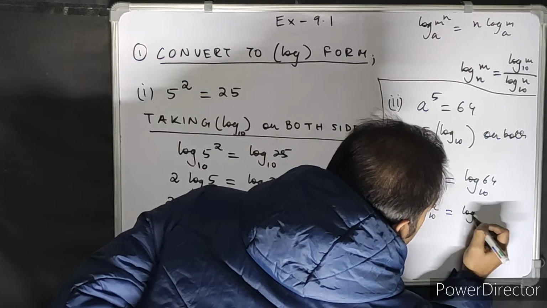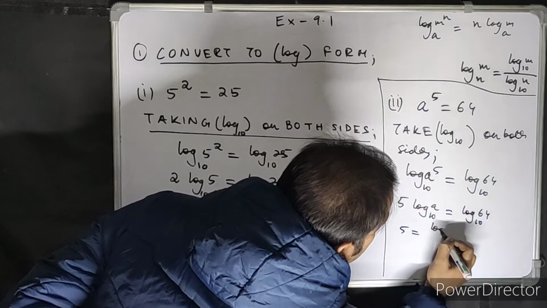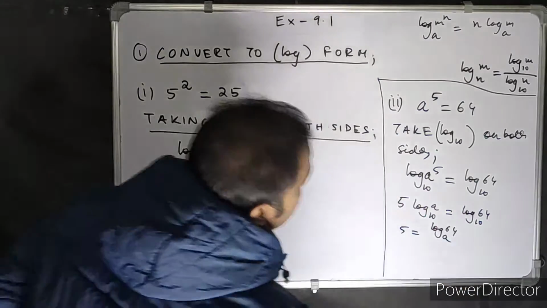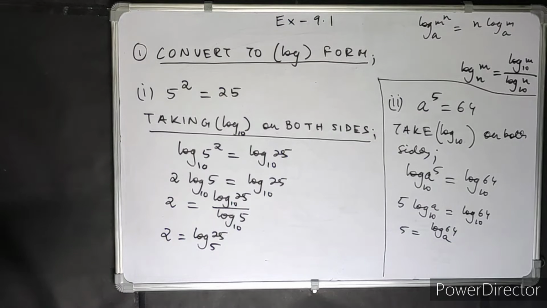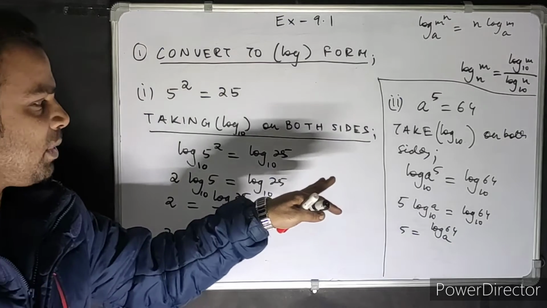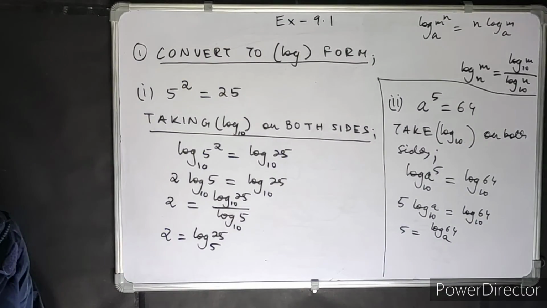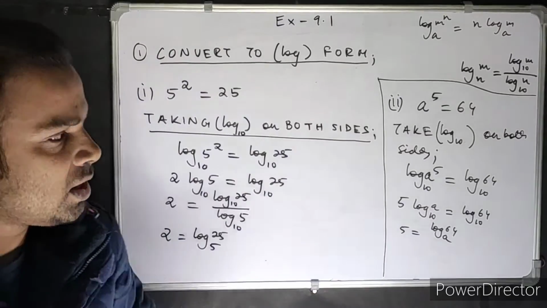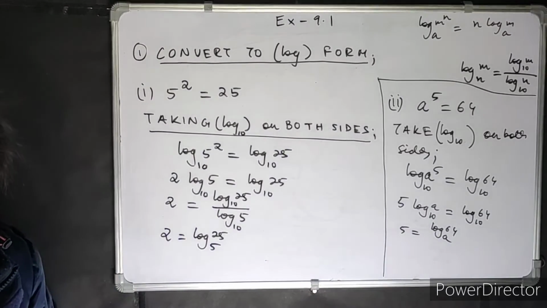So this is 5 log a equals log 64 base 10. Those of you who know what to do will write this and not waste much time. Some teachers do it very quickly, they just show this is happening and that will happen. They are not wrong, they are also correct. You can do even faster than this, but those of you who want to understand it properly, this is the way it's done.